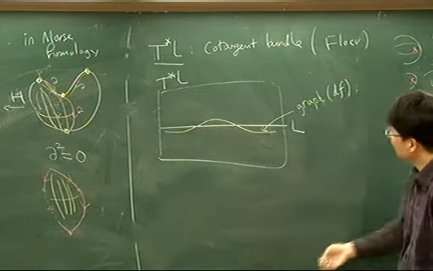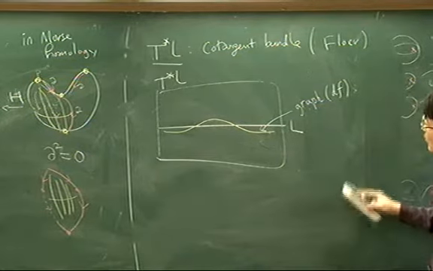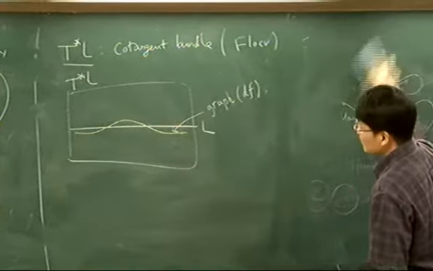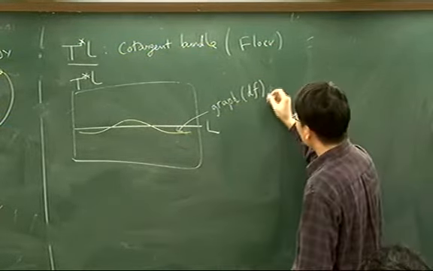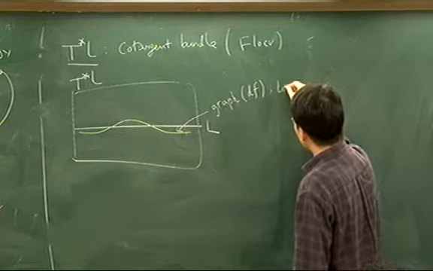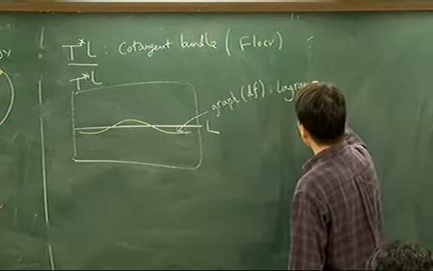This has a tubular neighborhood, yes. So this is somehow a local version in every situation, and this is always a Lagrangian submanifold.